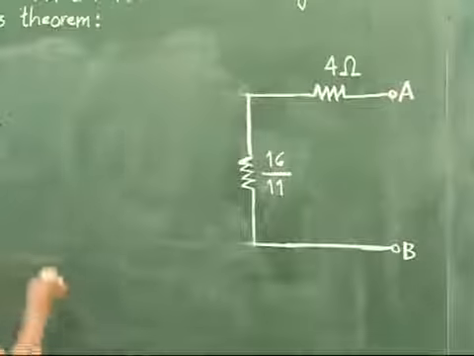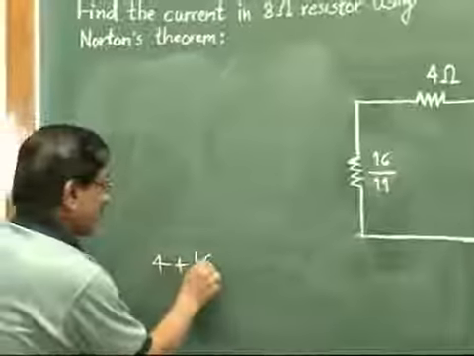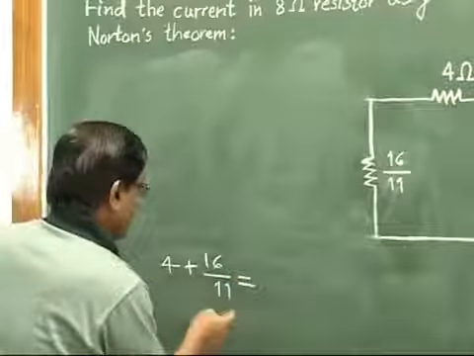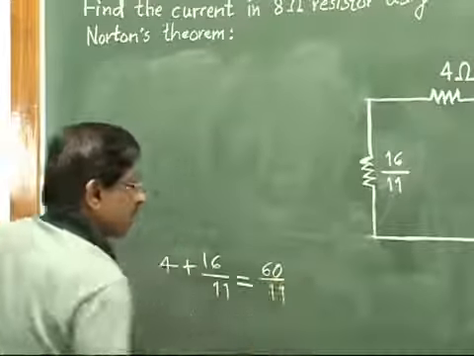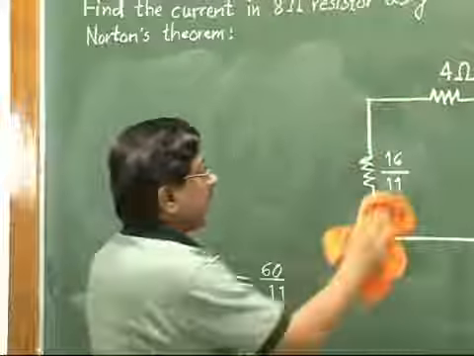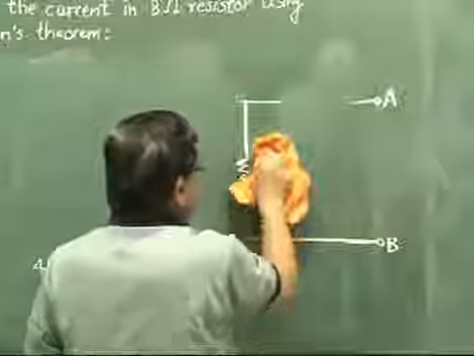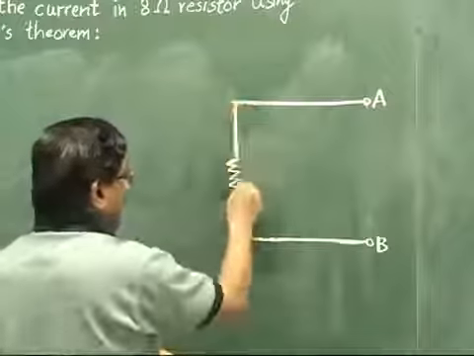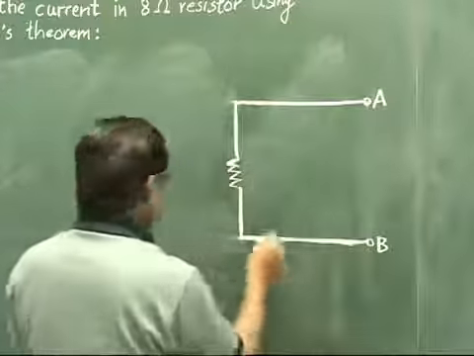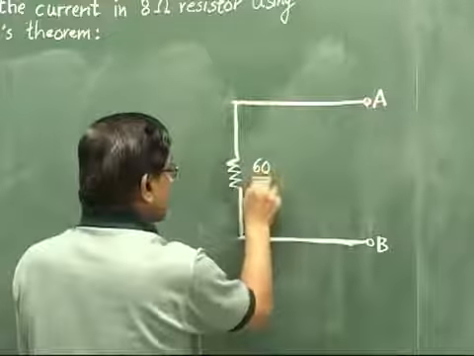So simple addition, 4 plus 16 by 11 will be 60 by 11. So finally your circuit will be like this. Instead of these two, it will be just one single resistor, and the value of that single resistor is 60 by 11 ohm.